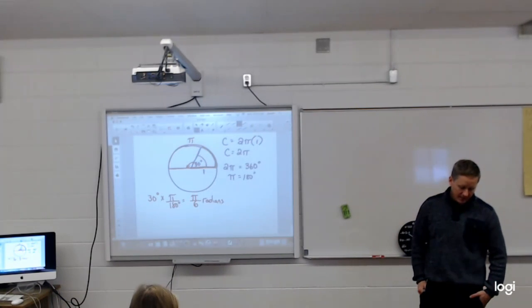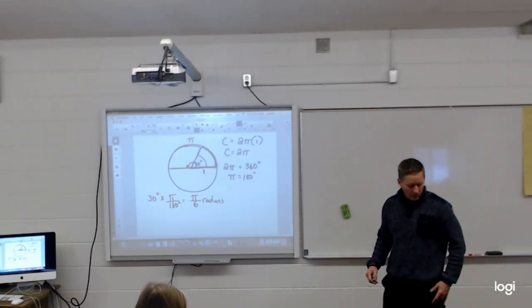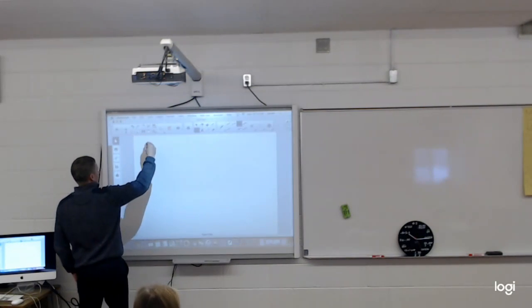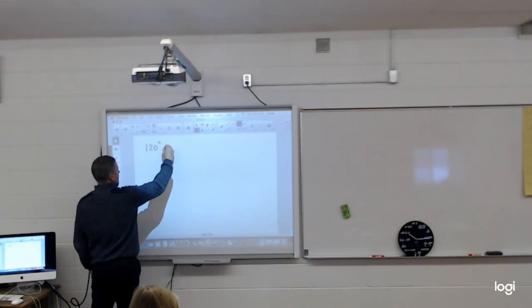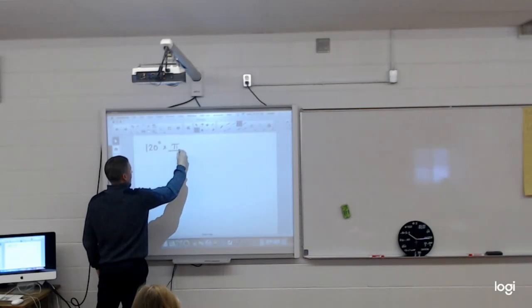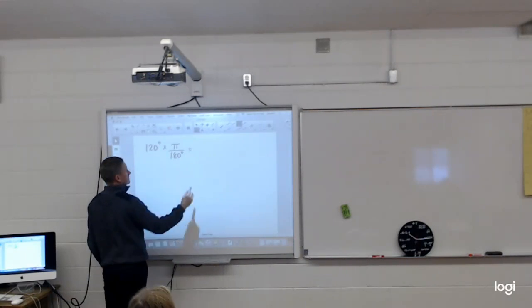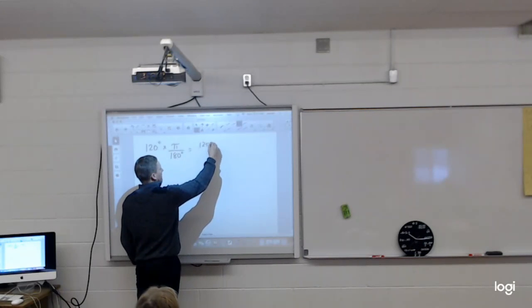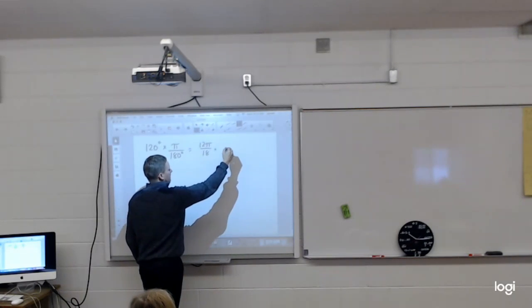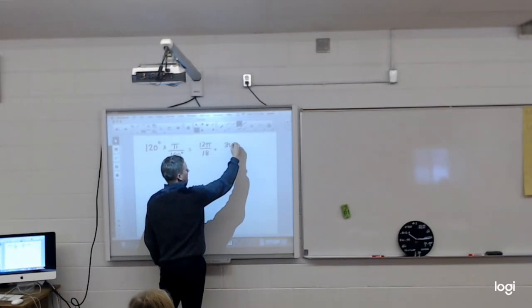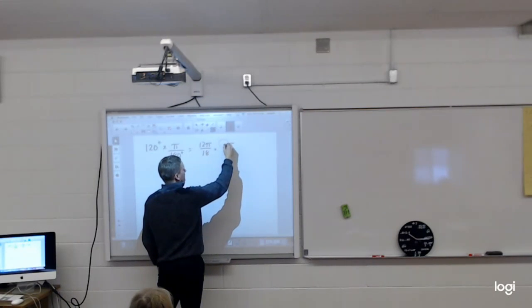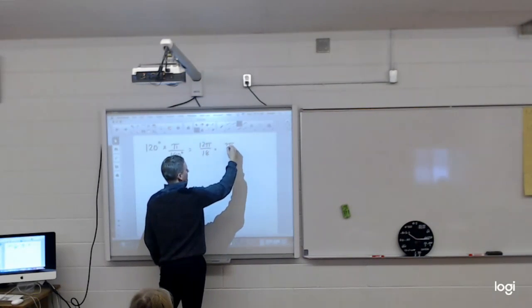Use benchmarks to estimate the degree. We don't need to use them. It says estimate the value of 120 degrees. So I go 120 degrees times pi over 180 degrees. That's 12 pi over 18, and I reduce it to 2 pi over 3.